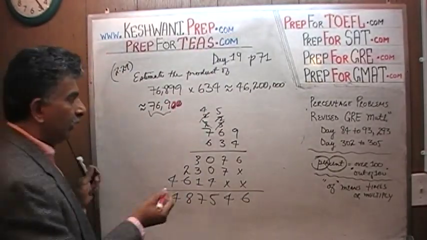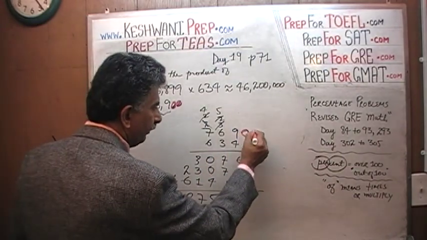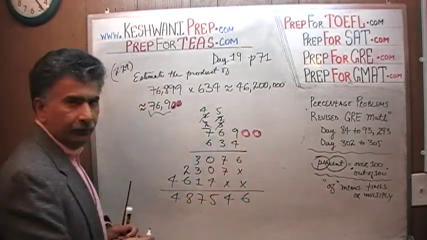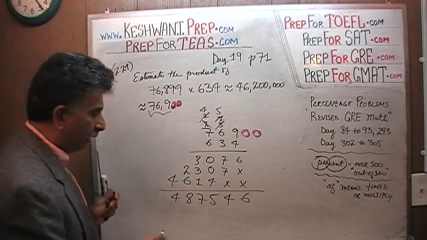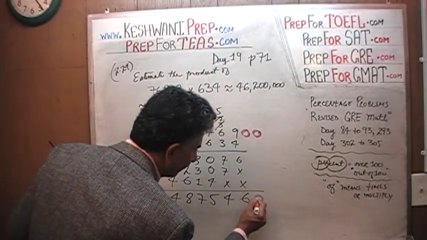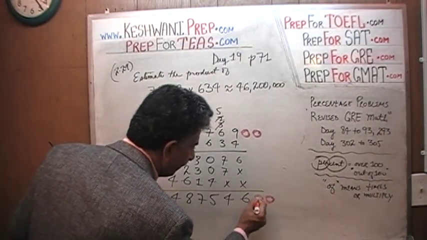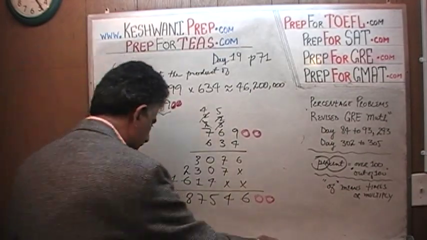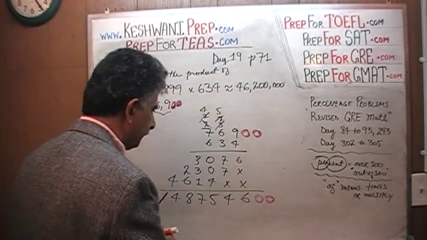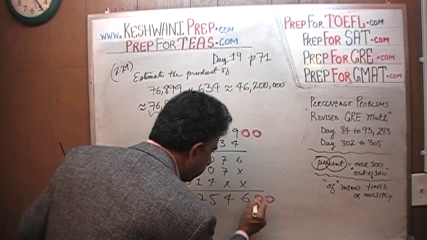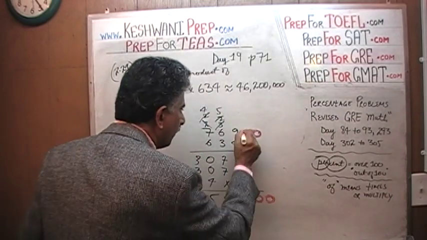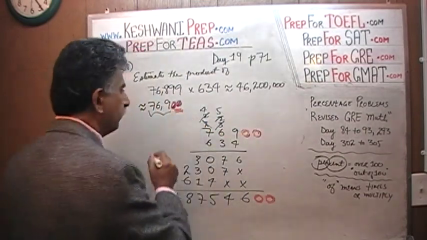We left those out. We need to insert them here. We ignored them, so at the end, when we get done with our work, we have to go back and make sure we insert our zeros. I don't know if it's legible or not. This 0 and this 0 came from here.